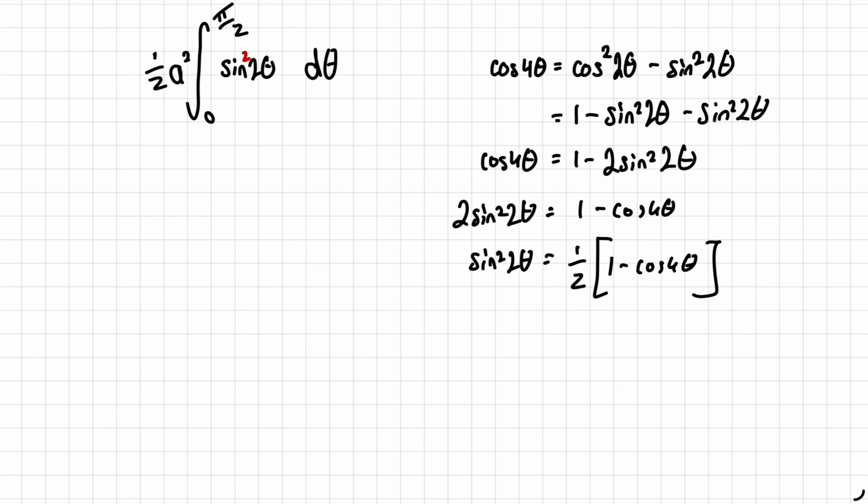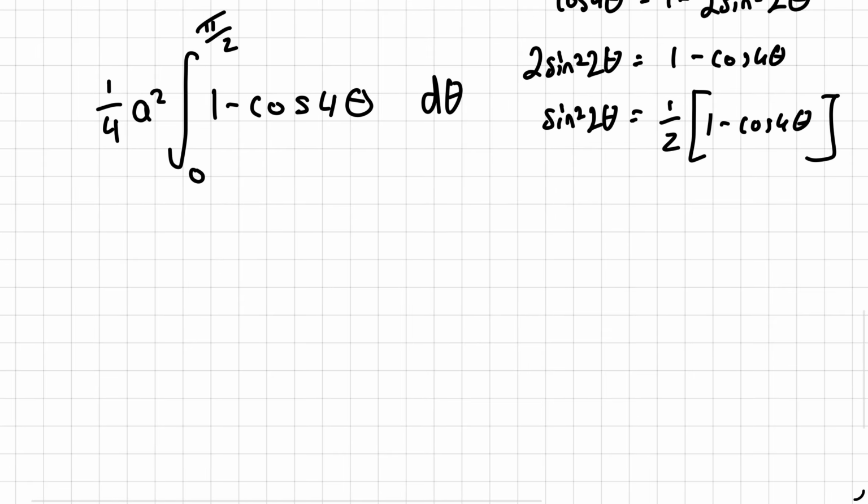So what I like to do here is, instead of writing a half times that, I'm just going to put a half on the outside. So my outside part will become a squared over 2, times the integral of 1 minus cos 4 theta from 0 to pi over 2 d theta. Okay, so now I'm going to integrate this. This is how I use that all on the outside.